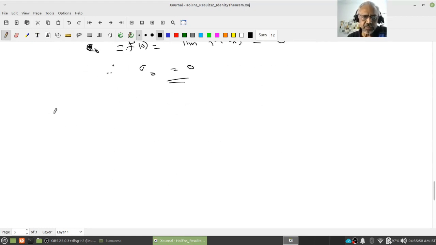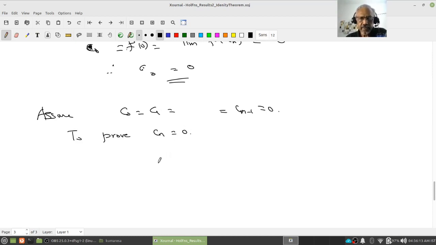So let us assume C0 equals C1 equals ... equals C(n-1) equals 0. Now to prove Cn is 0, let us write what f(z) is. f(z) is the summation over k greater than or equal to n of Ck z^k.